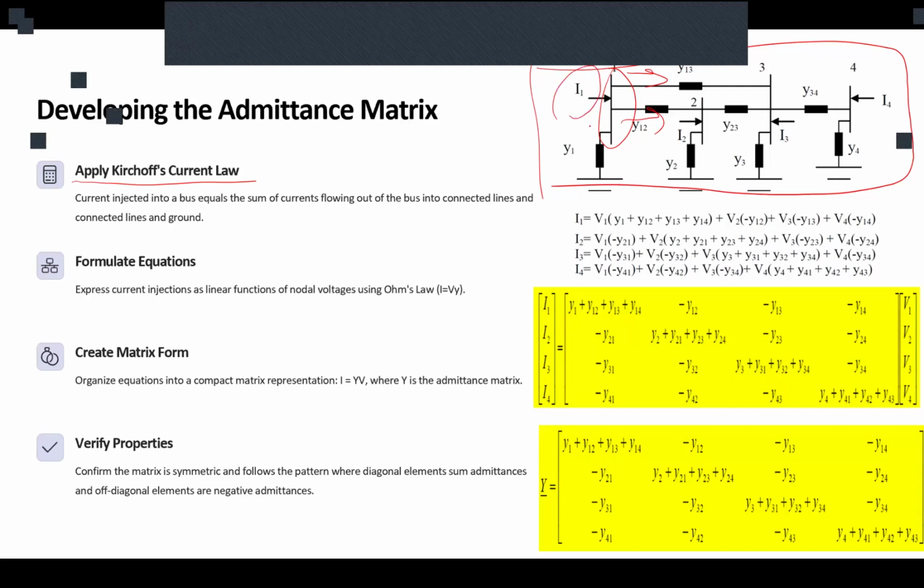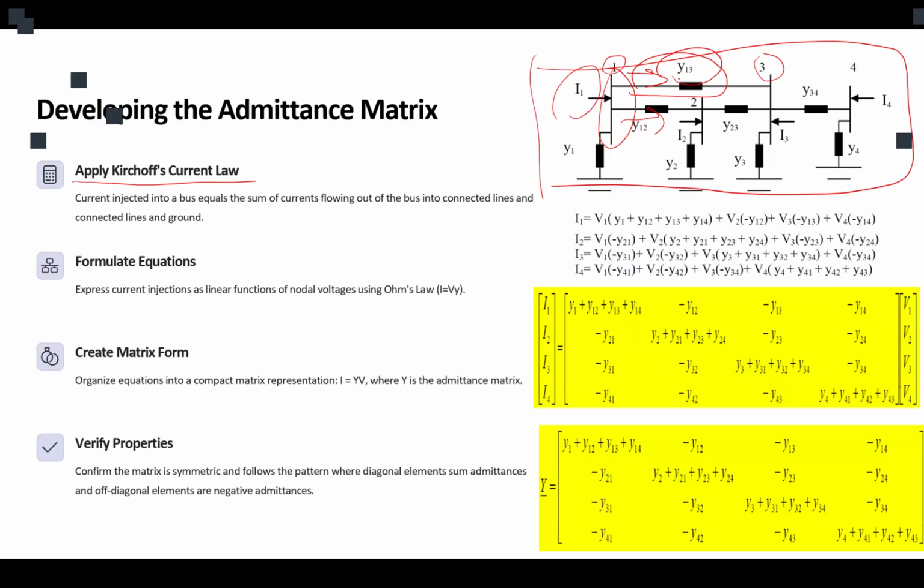This is KCL. Now, what is that current value? This current value is basically the difference of the voltages V3 and V1 multiplied by the admittance between them. This is Ohm's law. Are we good? So V3 minus V1 or V1 minus V3, times admittance.